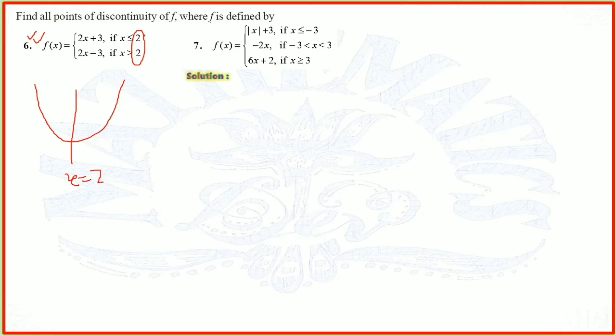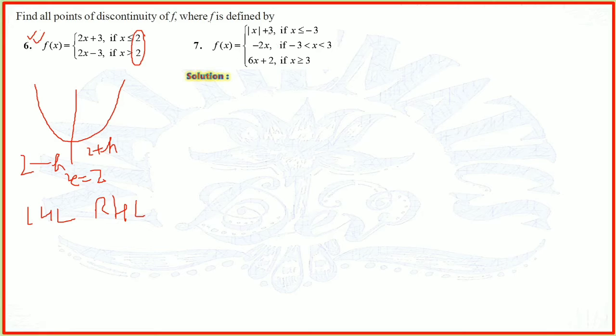So you have to write 2 minus h for the left hand limit, and 2 plus h for the right hand limit, and then replace x by these 2 points in the 2 conditions. Then you have to check whether the left hand limit is equal to the right hand limit or not. If these are equal, then the function will be continuous, otherwise discontinuous. That you can do easily.